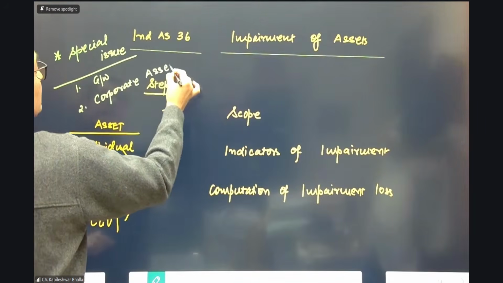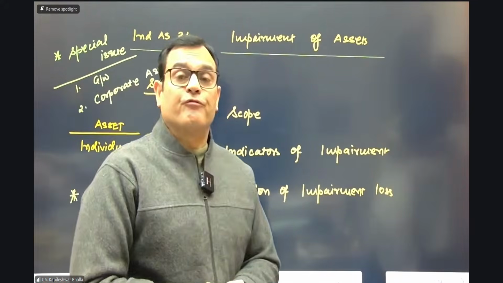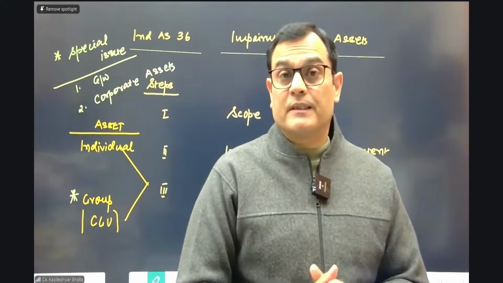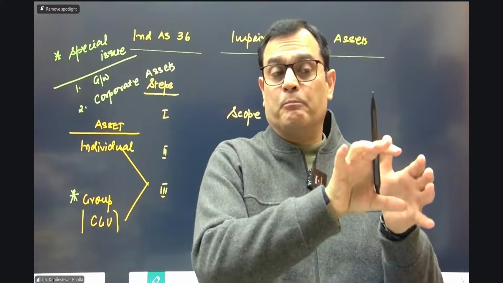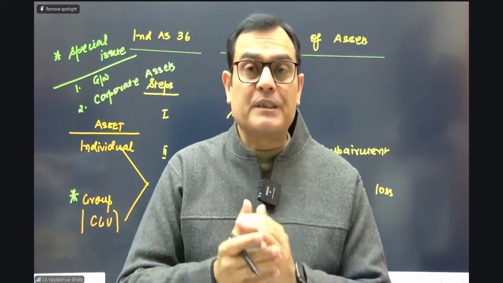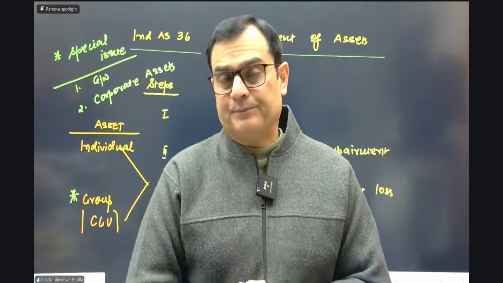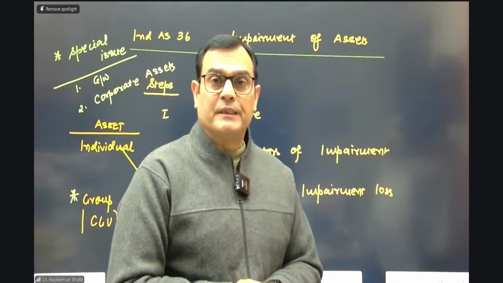I always believe it is important to first of all map your mind in terms of the flow of the standard. Because there are so many issues which get involved in the standard, and I think it's first of all important to see the flow in which you are going to map your thoughts. So as we discuss the concept of a CGU, we need to take care of the two special agendas.